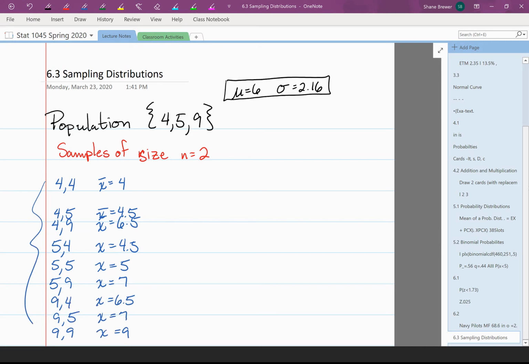Now, what we're really interested in studying when we study sampling distributions is the actual means from the samples we get. And so we could look at those and see these are all of the possible means that we can get when we're taking a sample of size 2.